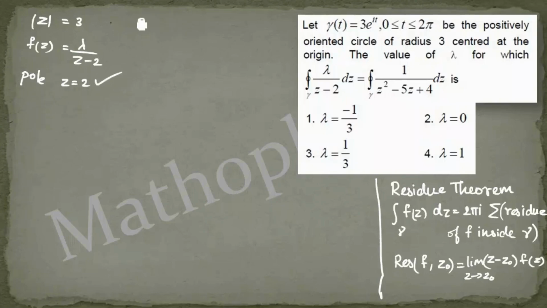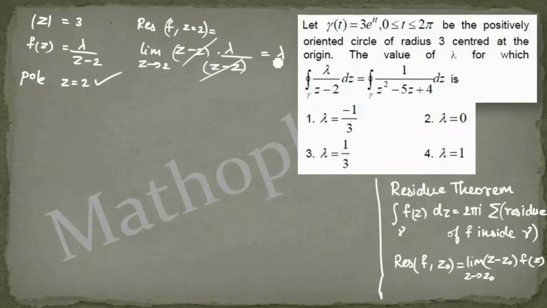So residue of f at z equal to 2 will be equal to limit z tends to 2 of (z minus 2) into lambda by z minus 2. Cancel, will be equal to lambda. So closed integral of lambda by z minus 2 will be equal to 2 pi I into lambda.